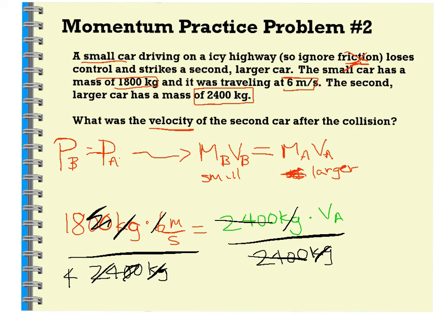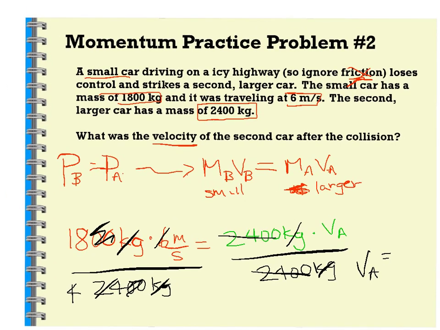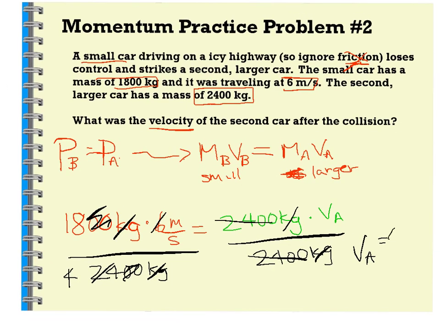We get 18 divided by 4, so velocity after is equal to, I'm sorry, let's erase that, it's 4.5 meters per second. So after that collision, that car of 2,400 kilograms was moving at a velocity of 4.5 meters per second. All right, I think that's enough.